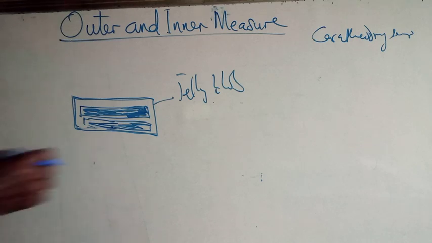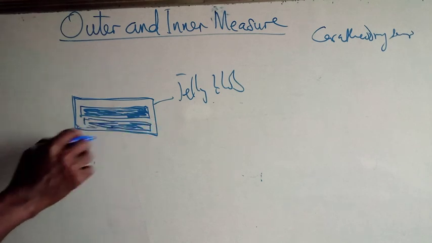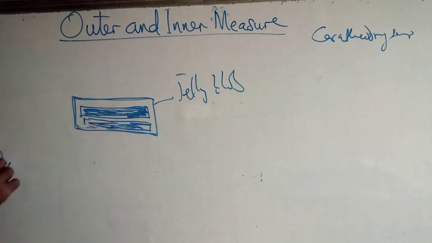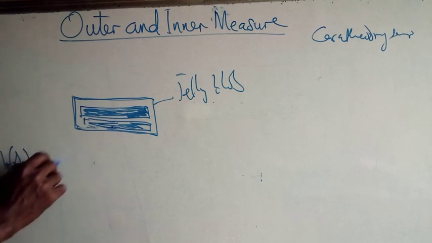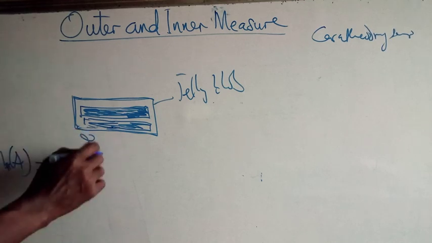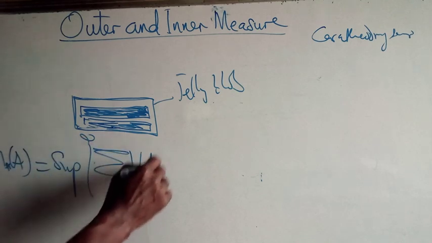So in this case, we need the what? The supremum. Using that, the inner measure is designated as the supremum of, let's say, the total. Let's use Ki now.